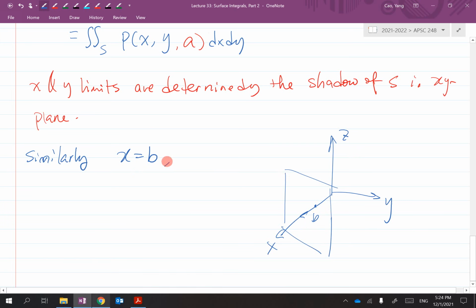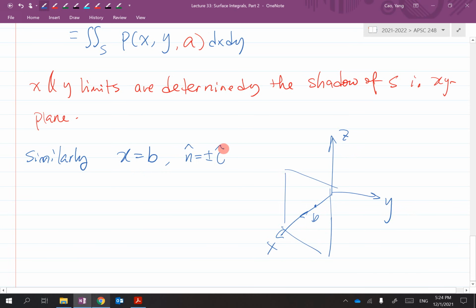Same thing. Then you can try to find n hat first for this surface. What would be the n hat if you have a plane like this, parallel to the zy plane? i hat. Again, positive and negative. Don't forget you've got two directions. Depending on the question, are you looking for the flux in the positive x direction or in the negative x direction?